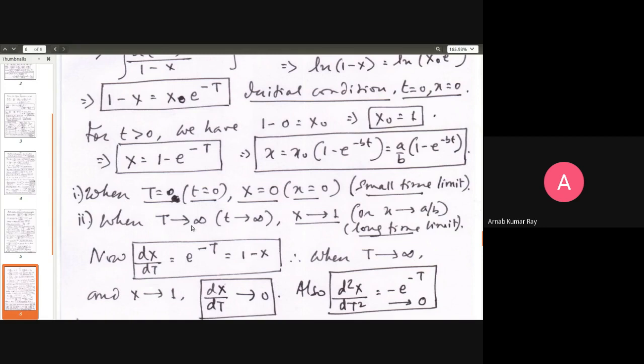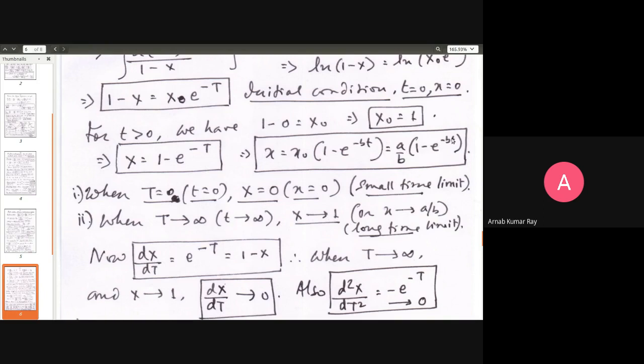Now let us look at what happens when t goes to infinity. When capital T goes to infinity, small t of course will also go to infinity. So look at this formula over here. E raised to minus infinity will be 0. So 1 minus 0, capital X will go to 1. What about small x?